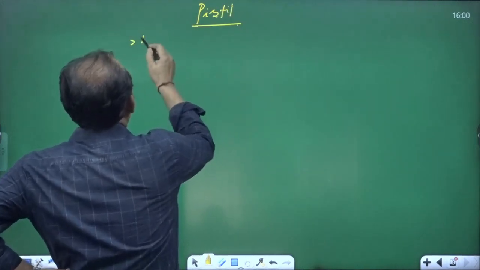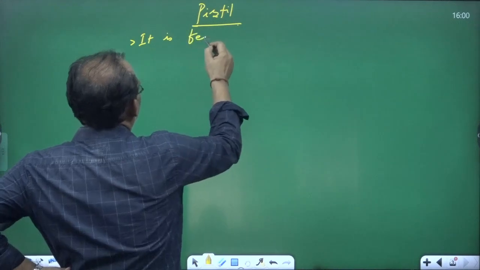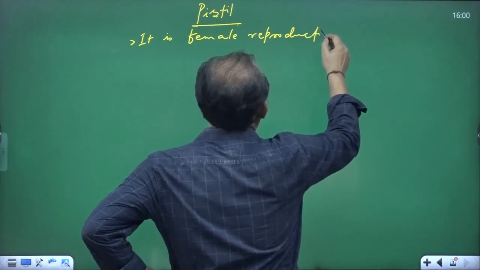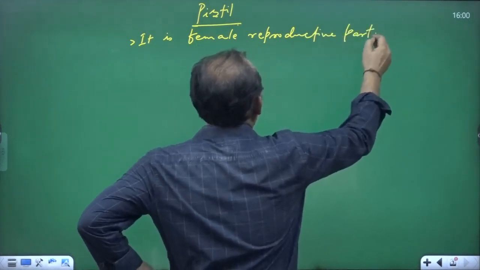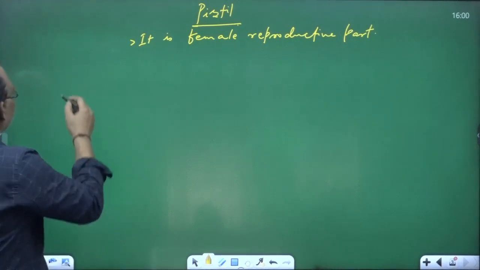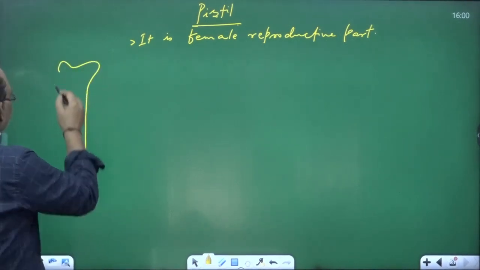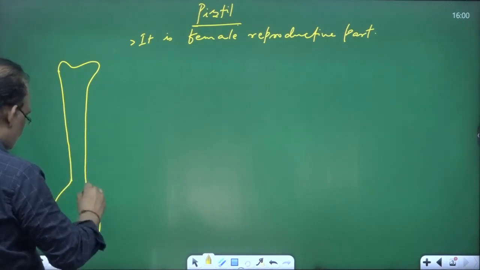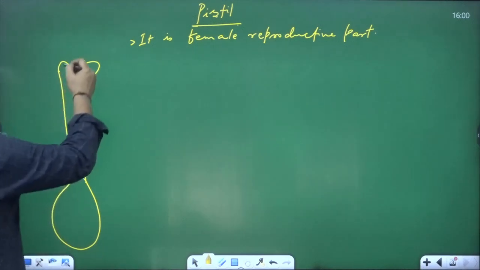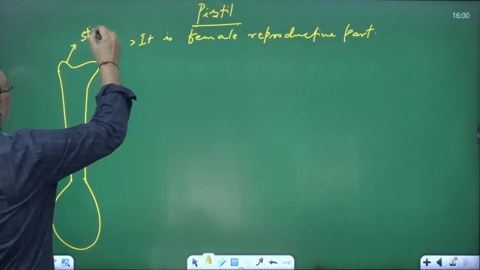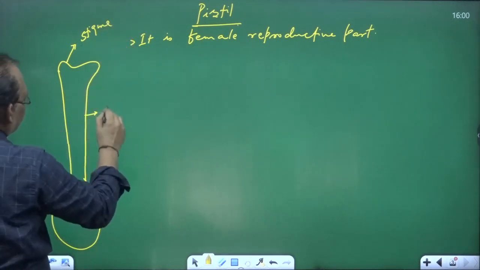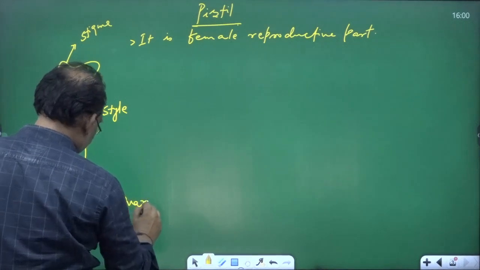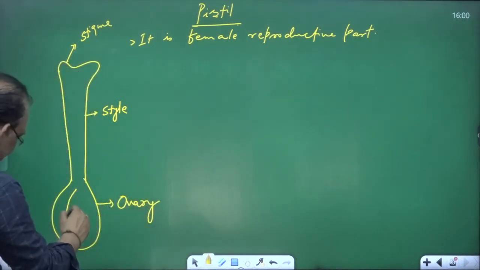Pistil is the female reproductive part. If you take a diagram, it is like this. This part is called stigma. This is style, and this is ovary, and this ovary contains ovule.